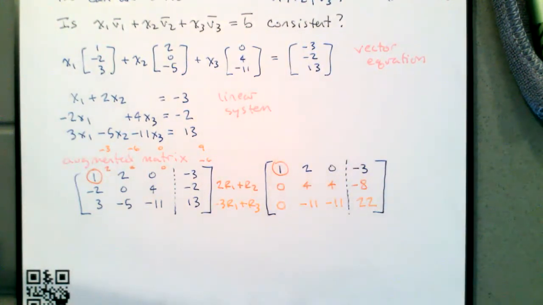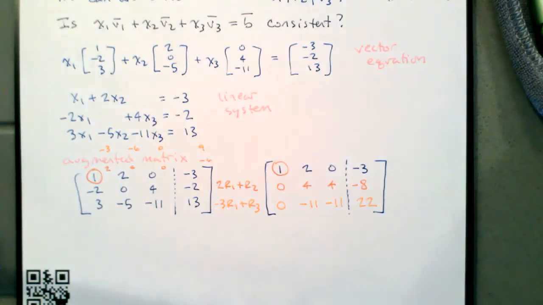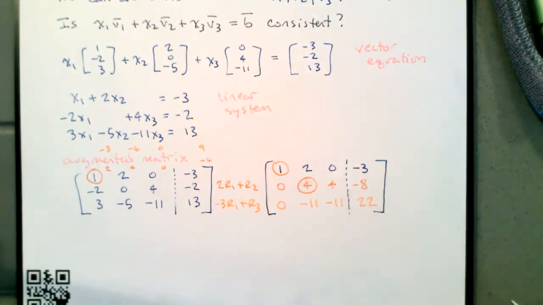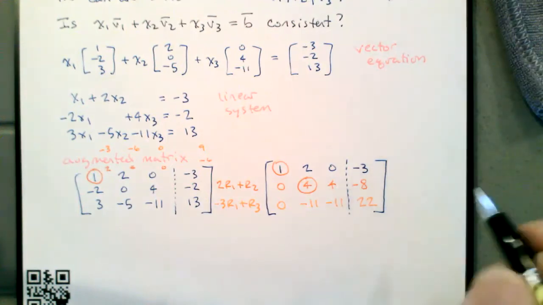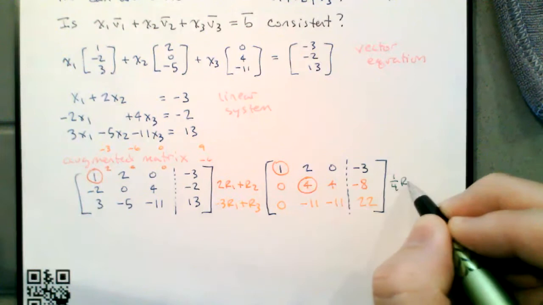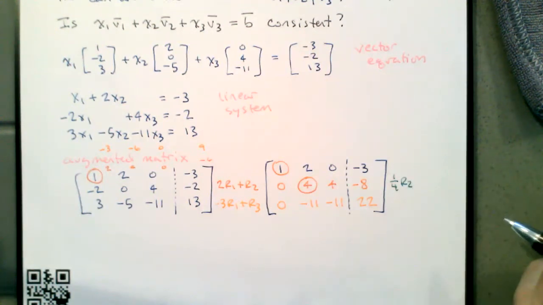That means I can't use that first row to get 1s anywhere. I go down to the second row and over to the second column and see if I can pivot there. And so my next pivot is this 4. So I'm going to do 1/4 row 2. That's going to be my new row 2.